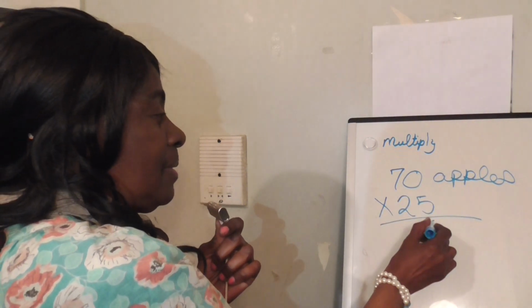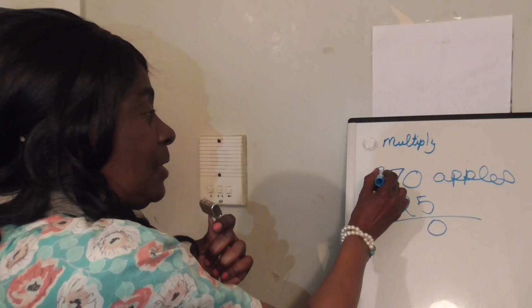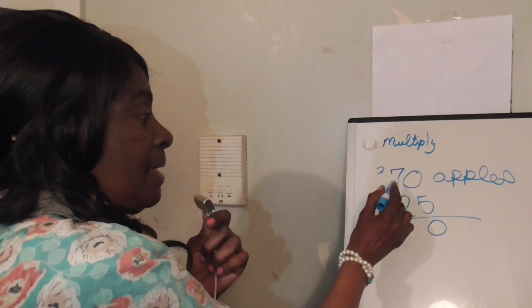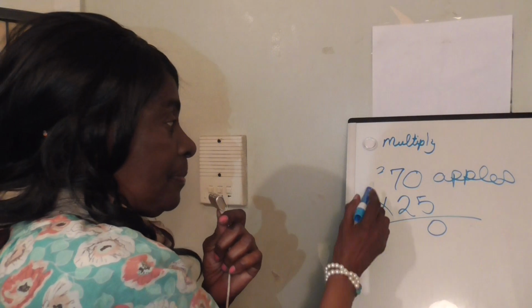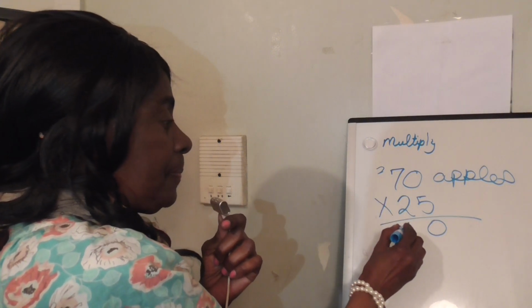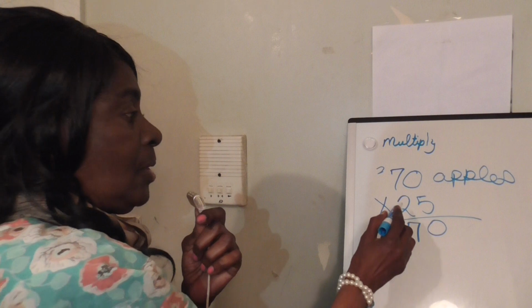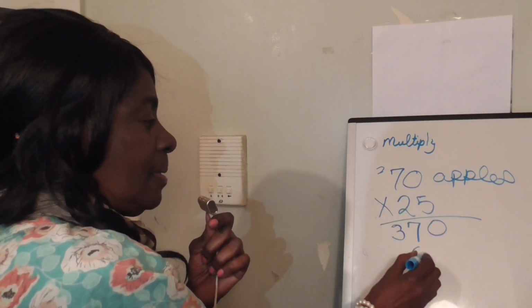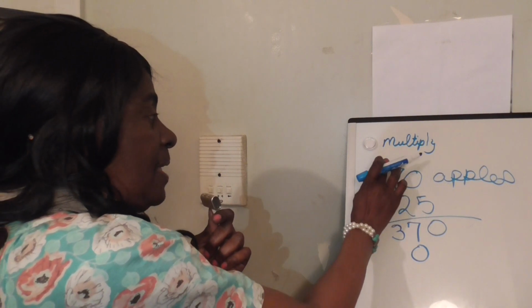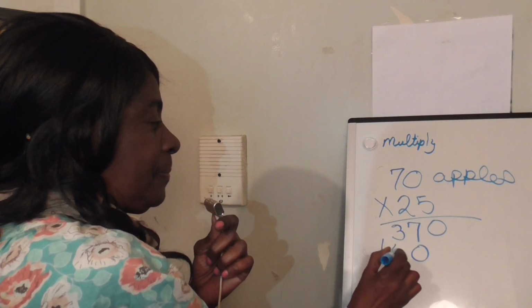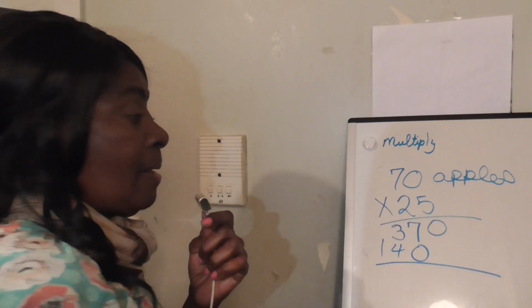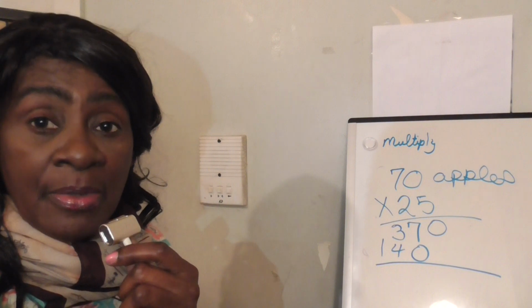5 times 0 is 0. You carry a 2. 5 times 7 is 35, plus 2 is 37. 2 times 0 is 0. 2 times 7 is 14. How many apples do we have altogether?